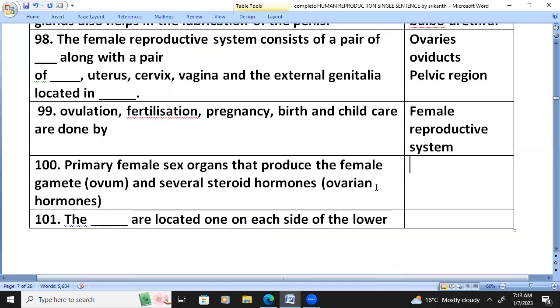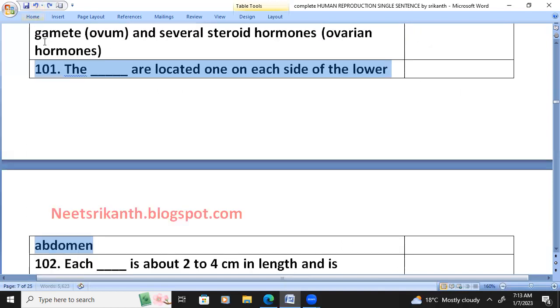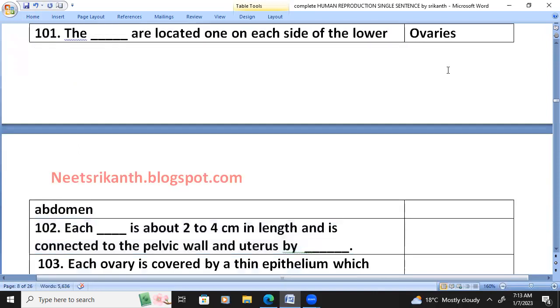The primary female sex organs, which produce the female gamete and several steroid hormones, are the ovaries. The ovaries are located on each side of the lower abdomen. Each ovary is about 2 to 4 centimeters in length and is connected to the pelvic wall and uterus by ligaments, which we call the mesovarium.